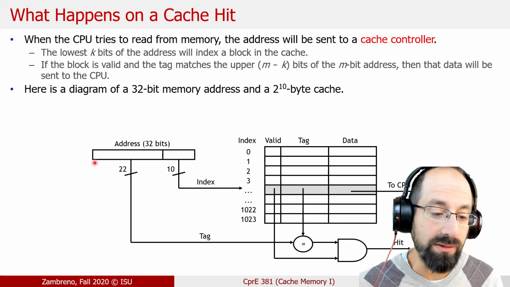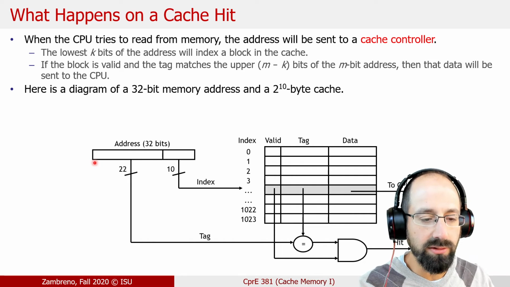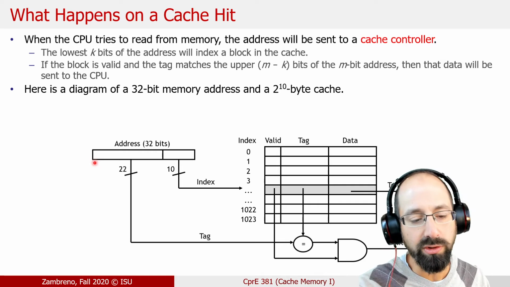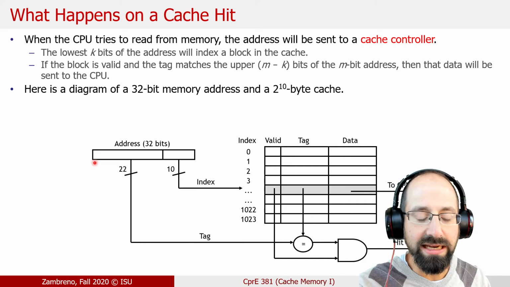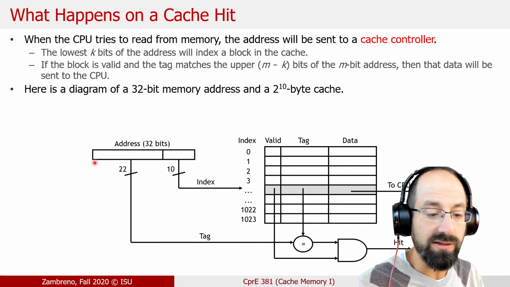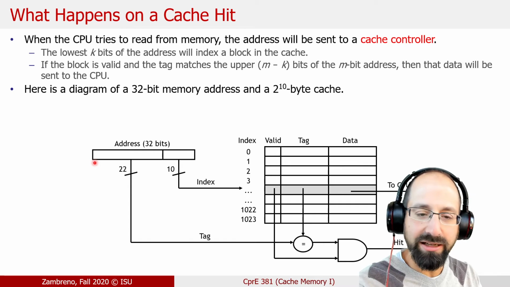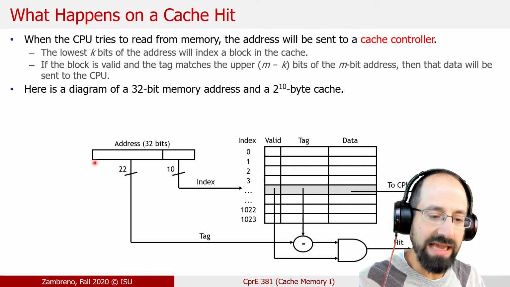So it seems inefficient because it is inefficient. It's a hardware overhead. It's spending more hardware real estate on tag storage than you would otherwise need if this was a software managed cache. But the benefit is that the software doesn't need to look at this at all. Software just provides an address. That same address calculation logic you implemented for Project Part B doesn't change. It's exactly the same.